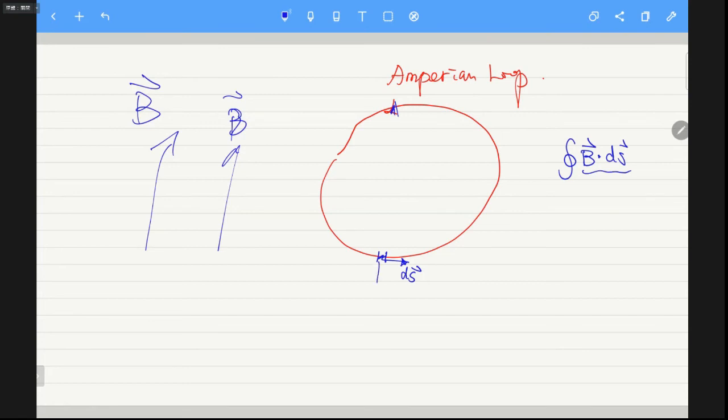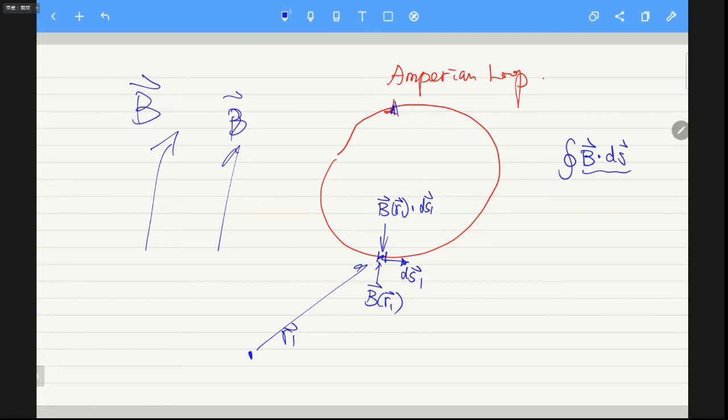And B dot ds is nothing but the inner product. At this point, we will have B; in coordinates, let's call the position R1. So this is B of R1, and we can calculate B of R1 dot ds1.